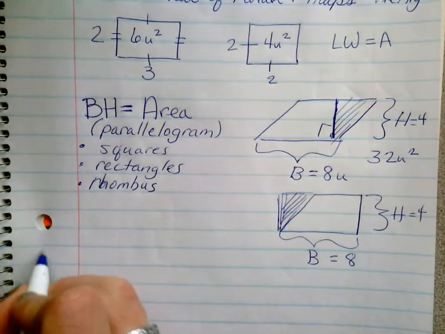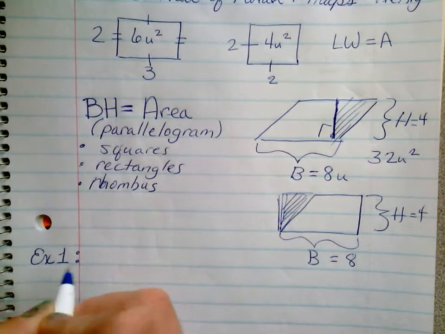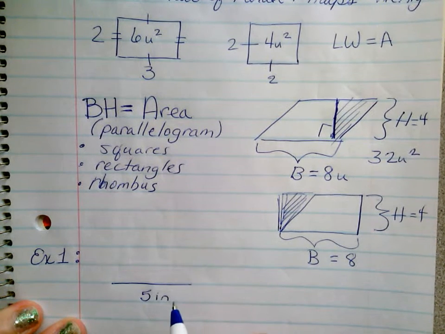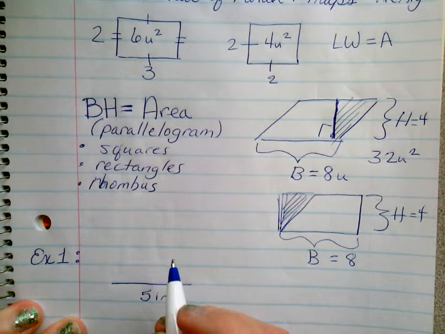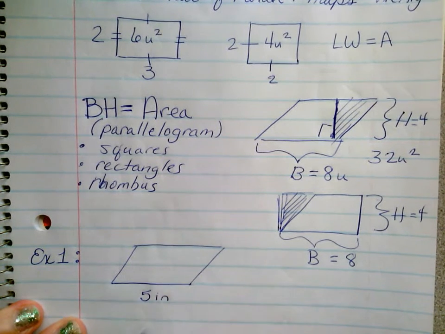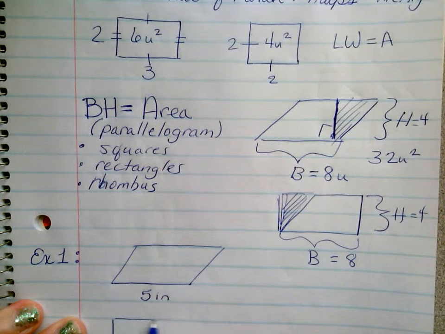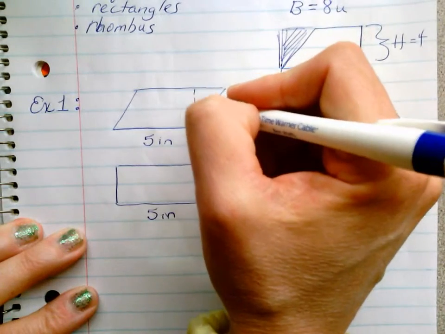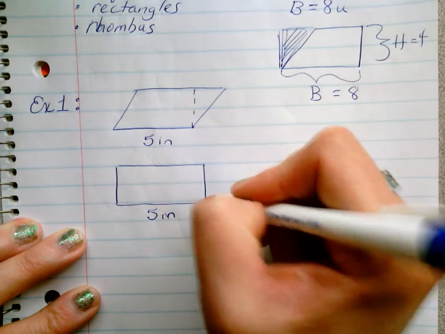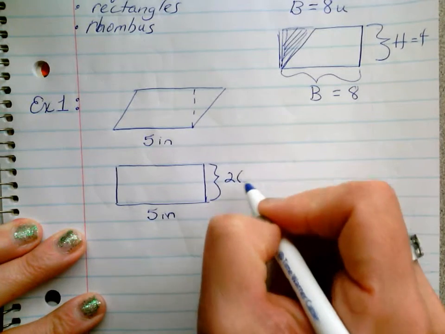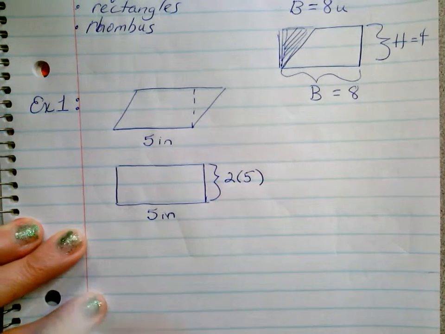Example 1. The base of a parallelogram is 5 inches. The height is twice the base. So it doesn't matter if I draw it like this or like this, as long as I indicate that my height from top to bottom is twice whatever the base was.